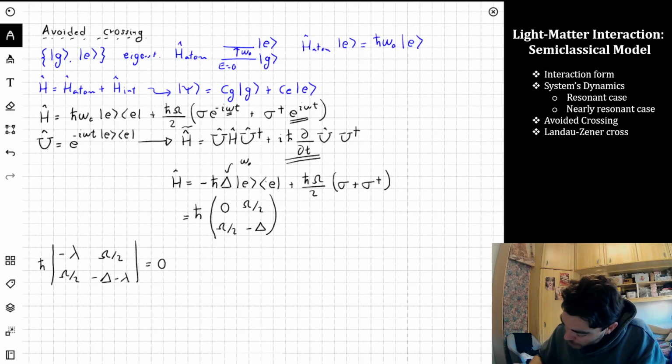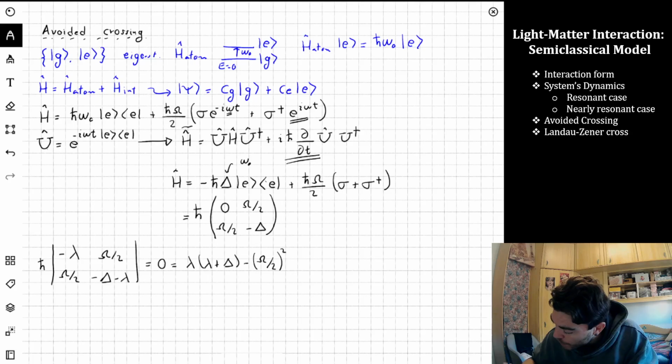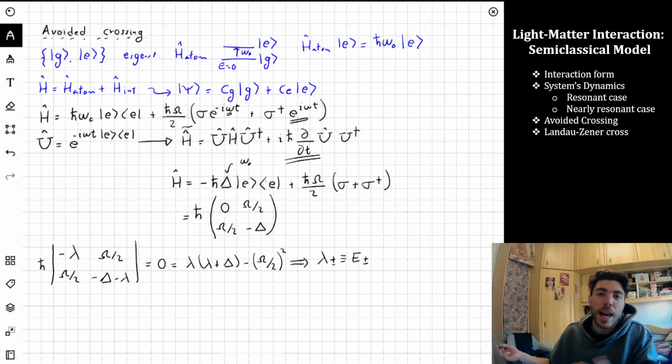And now this is lambda times lambda plus delta minus omega over 2 squared equal to 0, and one can solve this equation for the two solutions for the eigenvalues. There are two solutions because it's a 2x2 matrix. If one does this, one gets the eigenvalues that I call lambda plus minus, but I'm actually going to call them the energies because these are the eigenvalues of the Hamiltonian.